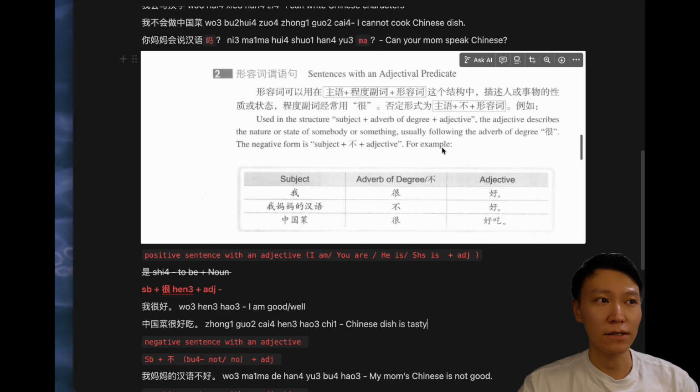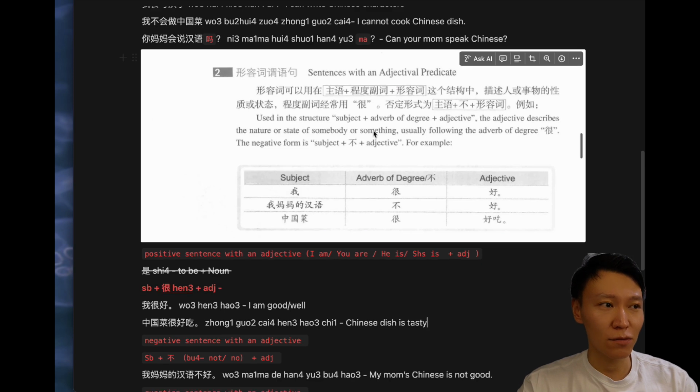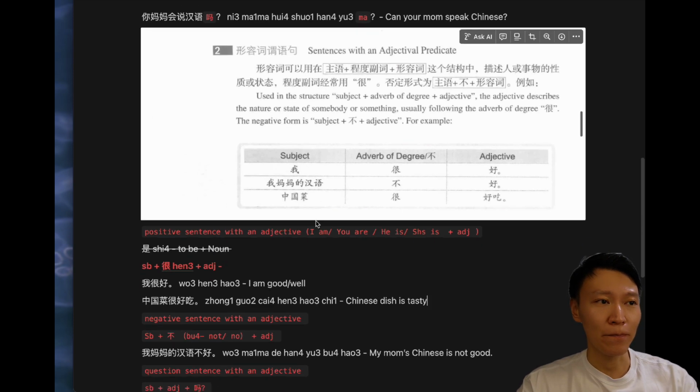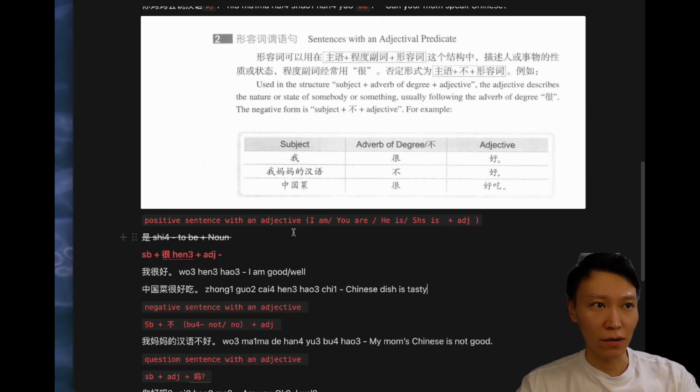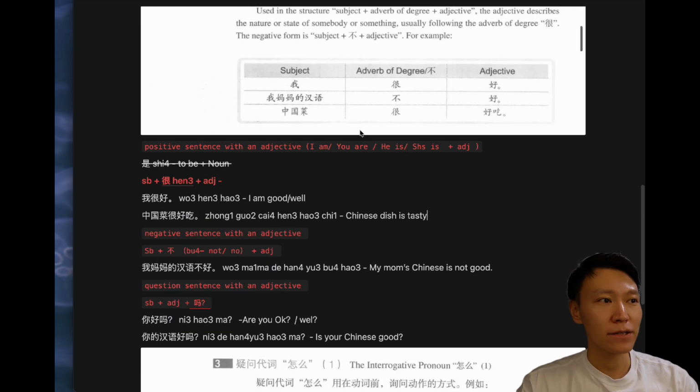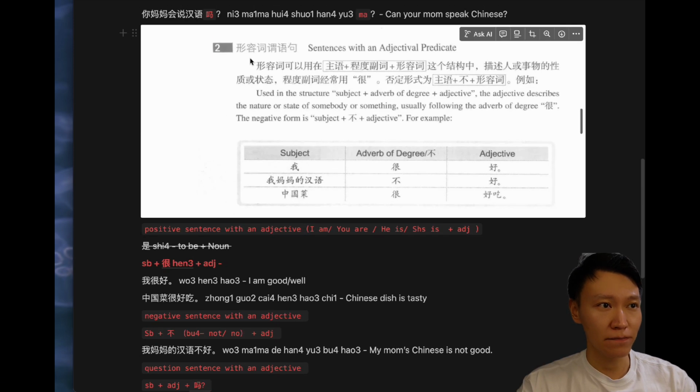Alright, so that's about a sentence with an adjectival predicate. I don't want to explain adjectival predicate, as those terminologies are not necessary. That's why I just use very simple words to explain what this is about. Okay, so that's the second one.